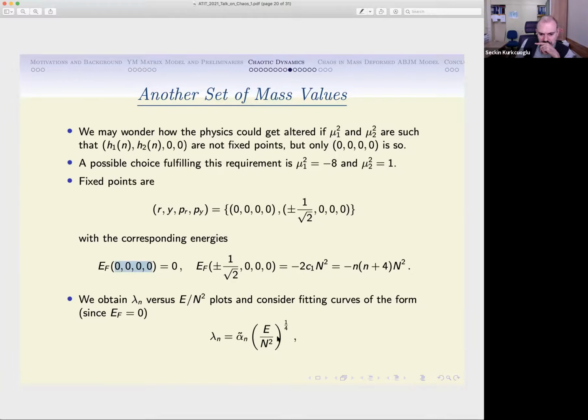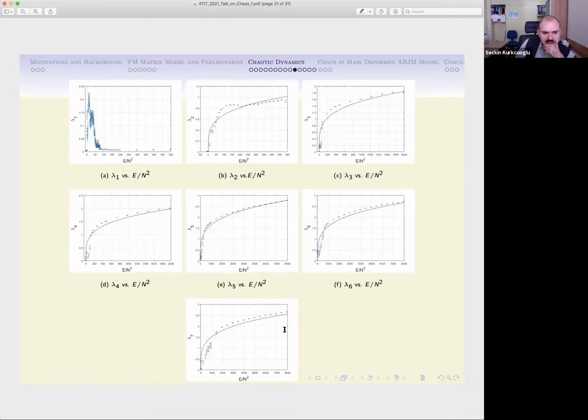So there won't be any term like minus EF in these fitting curves, because that EF value will be zero. In these cases, still the n equals 1 case is not chaotic. For the other cases, the fitting curves are somewhat better.